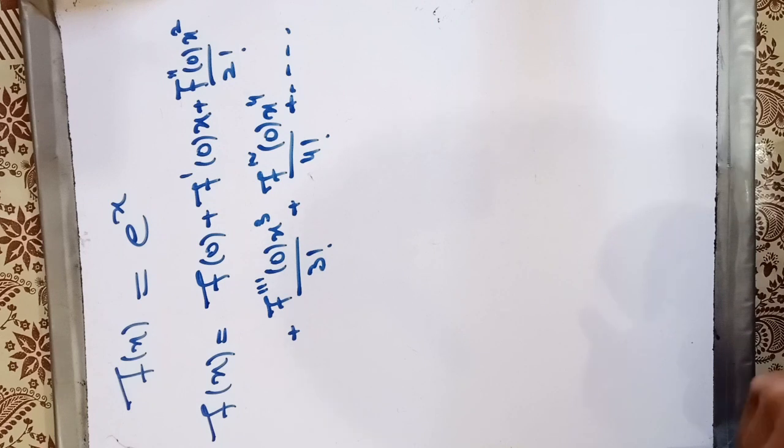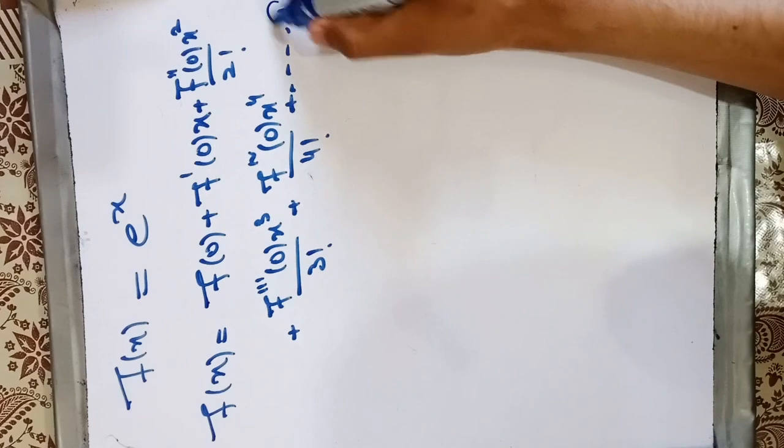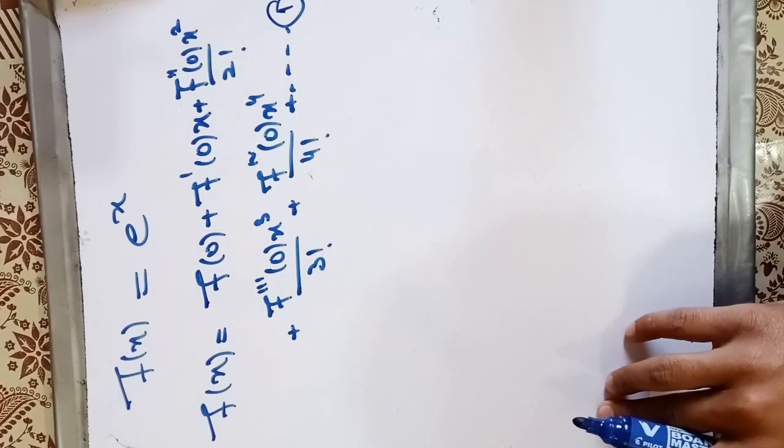We just follow the pattern of the function's derivatives at 0, and at the end we put the values in equation number 1.